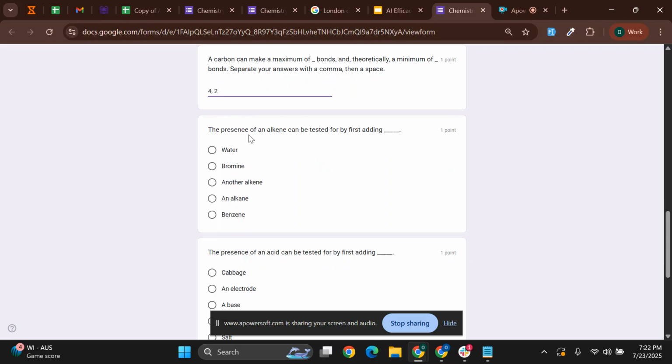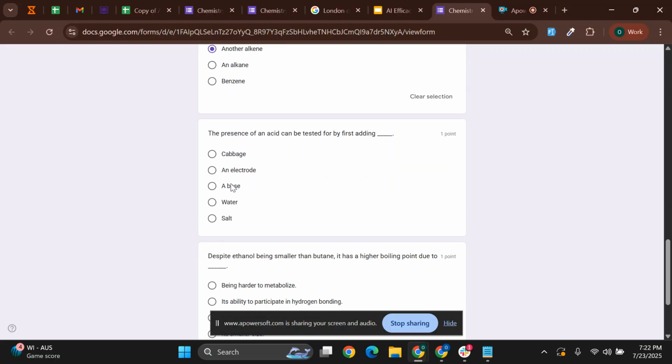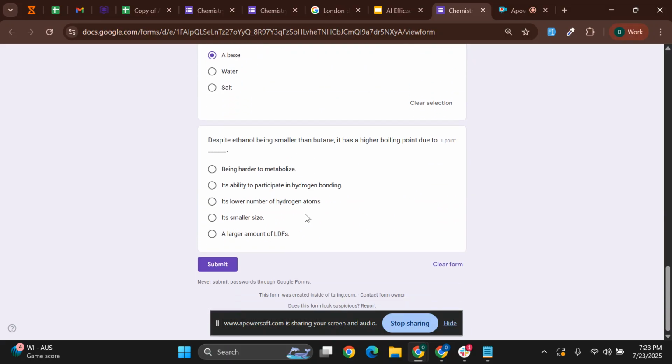The presence of an alkene can be tested by first adding another alkene. The presence of an acid can be tested for with a base.